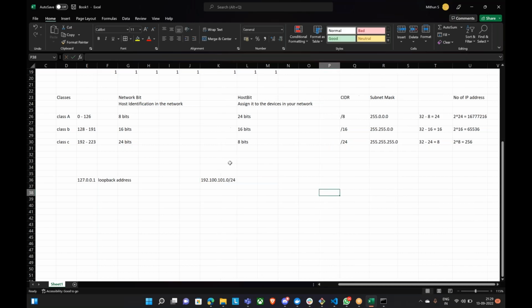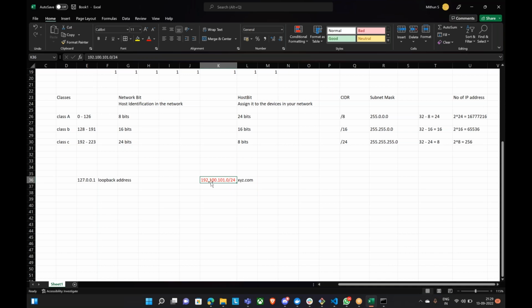Now I am making this unique as my network ID. So this is my network ID, say the xyz.com network. Clear?